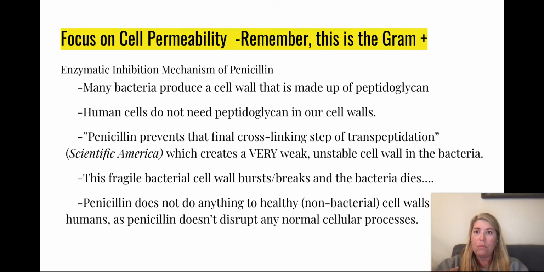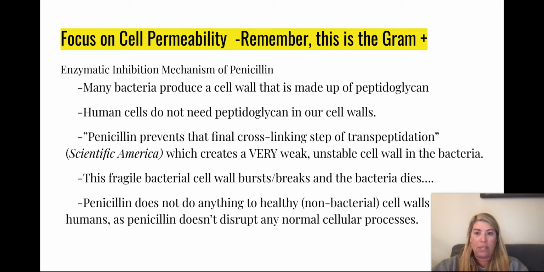So you want to look at the enzymatic inhibition mechanism and understand the structure of the bacteria and the cell wall, and that humans don't have peptidoglycan in our cell walls. What the penicillin prevents is that final cross-linking step, the transpeptidation, and this creates super weak, unstable cell walls in the bacteria.